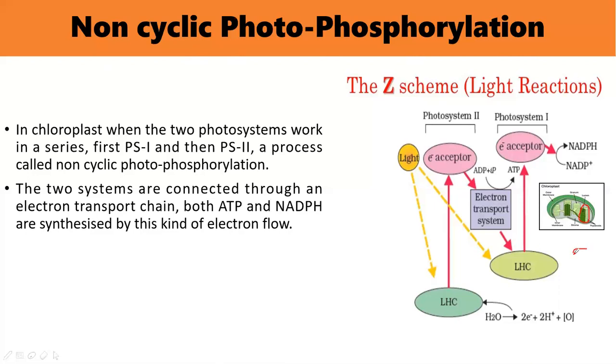Each granum is made of a disc-shaped membranous system, and we call this disc-shaped membranous system thylakoids. These thylakoid membranes have two different pigment systems, PS1 and PS2. This non-cyclic photophosphorylation needs both PS1 and PS2, so this type of photophosphorylation occurs on the membrane of the thylakoid.